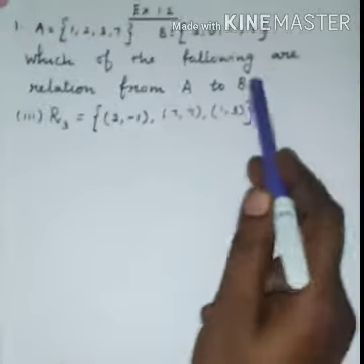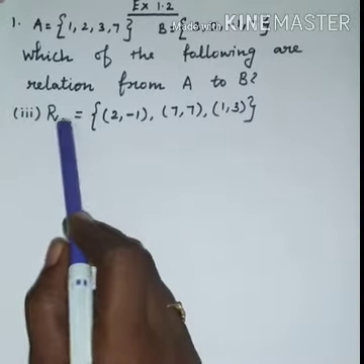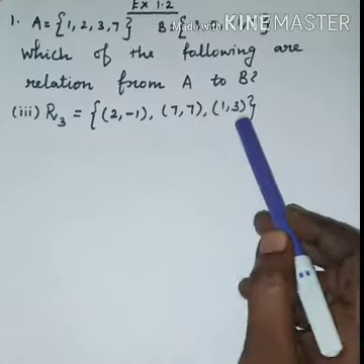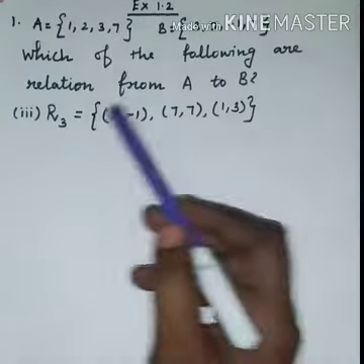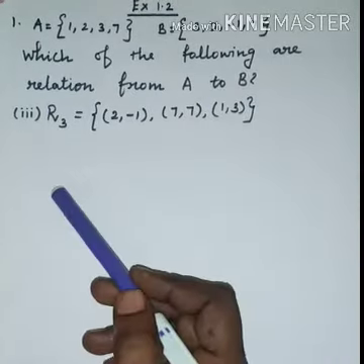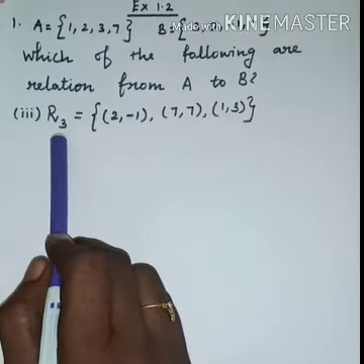Which of the following are relations from A to B? R3 is equal to {(2, -1), (7, 7), (1, 3)}. The sets A and B are given. Now we have to check whether this R3 is a relation or not.